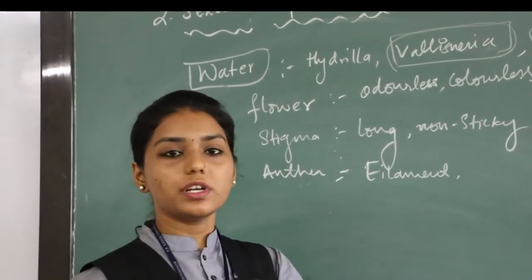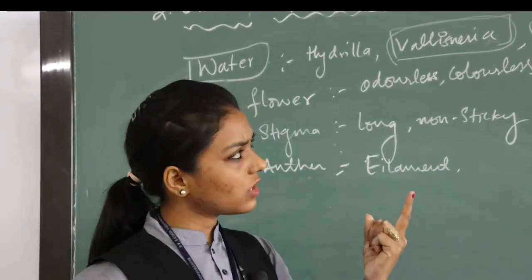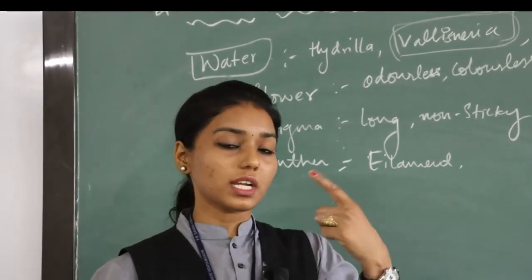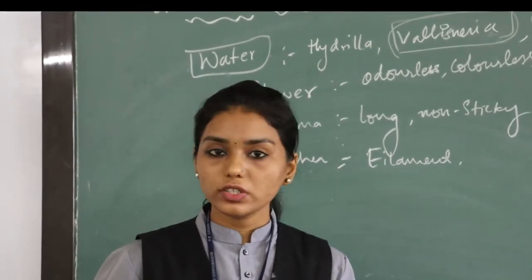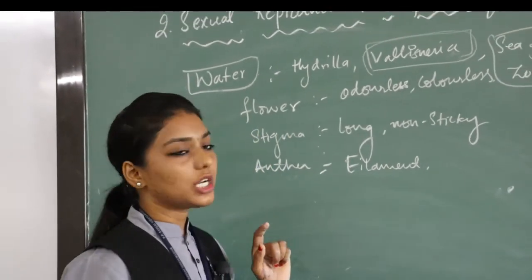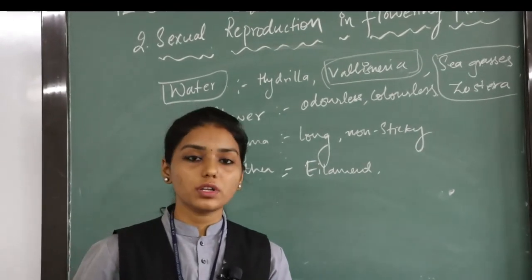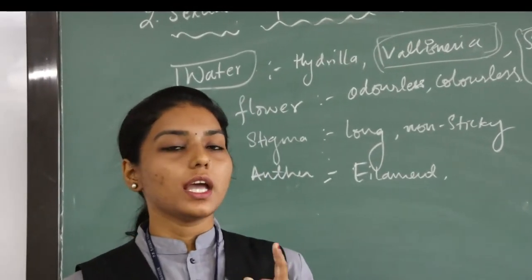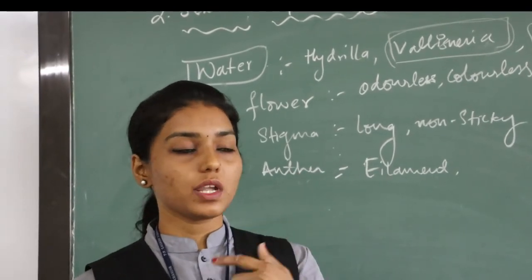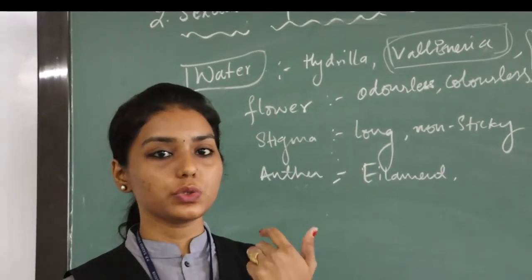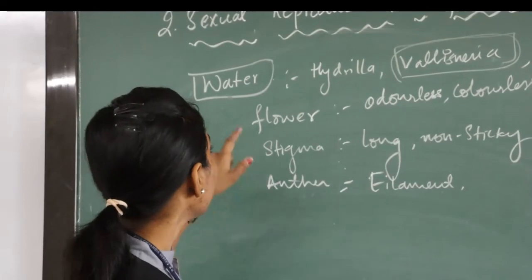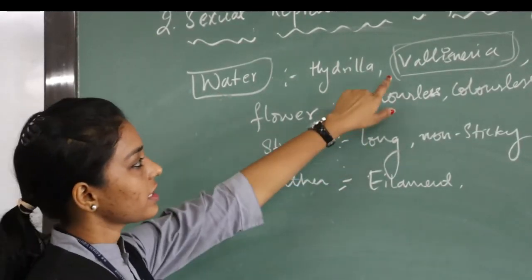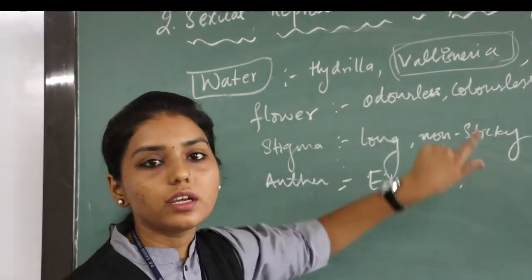Today we saw autogamy and the conditions which favor it, and we started the agents of pollination. We completed wind and water and their examples. Okay, thank you.